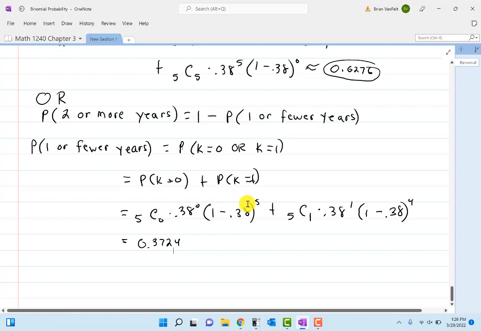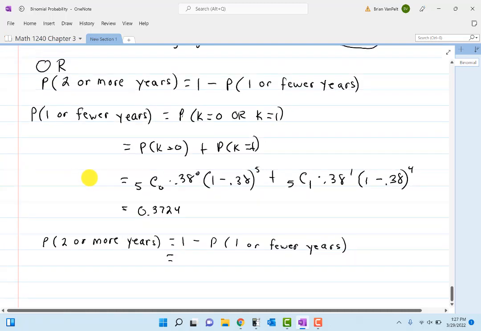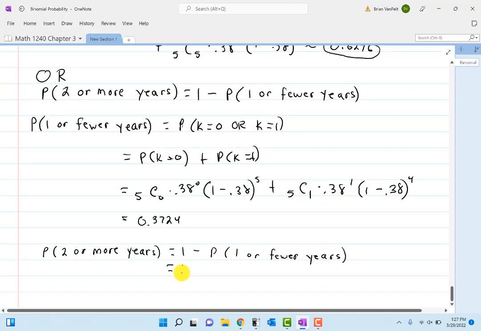And then don't forget we want to do 1 minus that. So the probability of 2 or more years equals 1 minus the probability of 1 or fewer years. That equals 1 minus 0.3724.